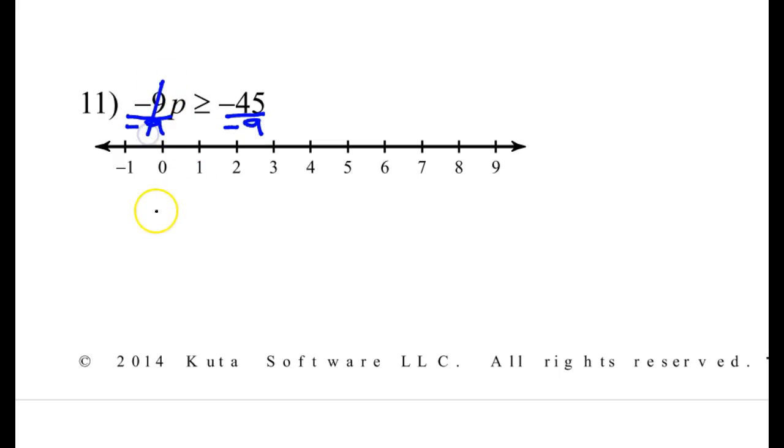So we get -45 divided by -9, which is positive. And then since we divide by negative, flip that sign. So we get 5, and all the answers are less than or equal to. So let's go in that direction.